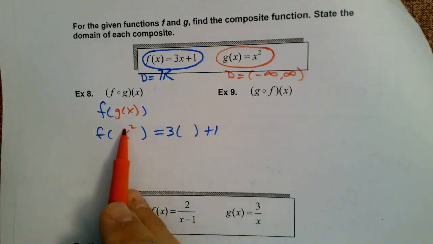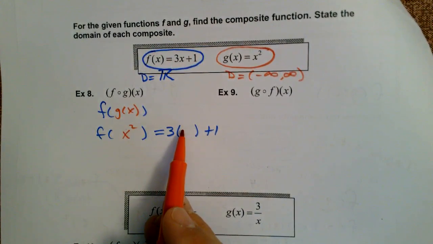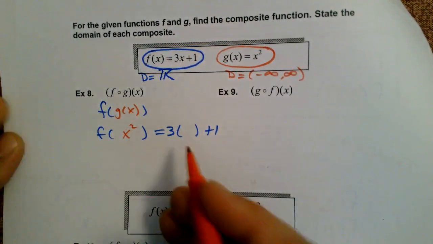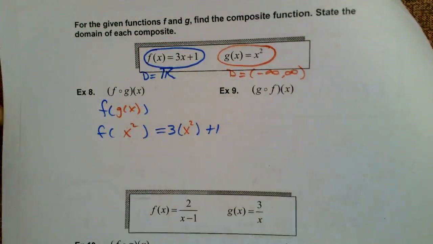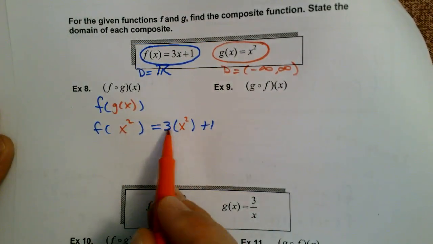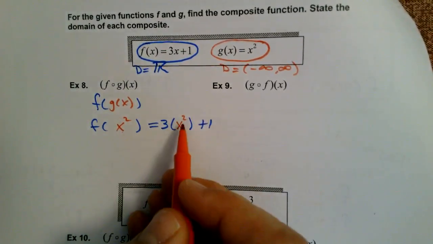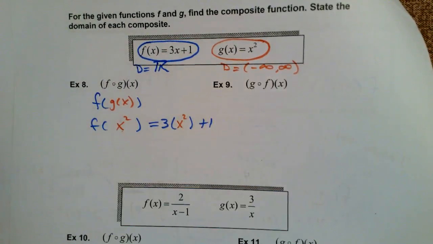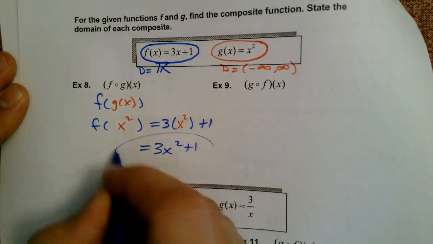If this was f of 10, I would plug in 10 right there. But it's f of x squared, so wherever there's an x, I put parentheses, and in my parentheses, I put the x squared. I multiply and simplify, and I end up with 3x squared plus 1 as my final answer.